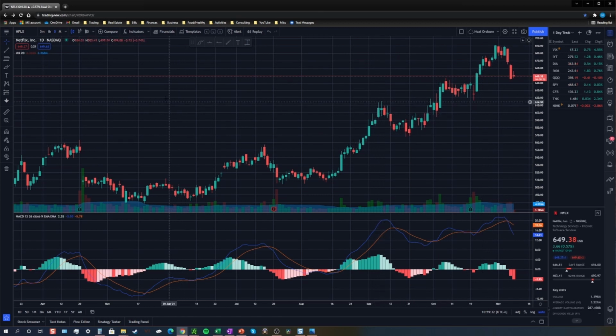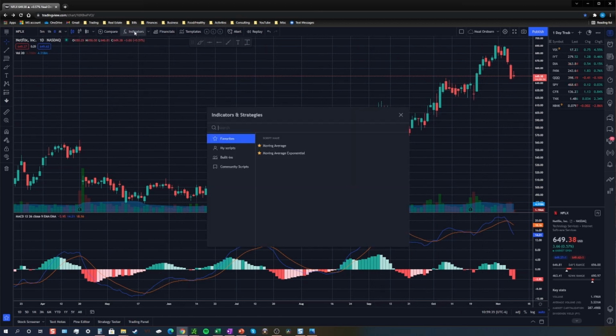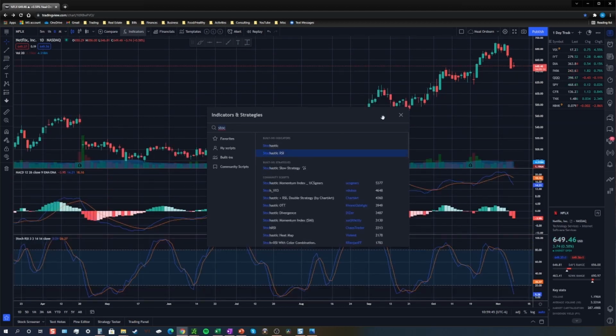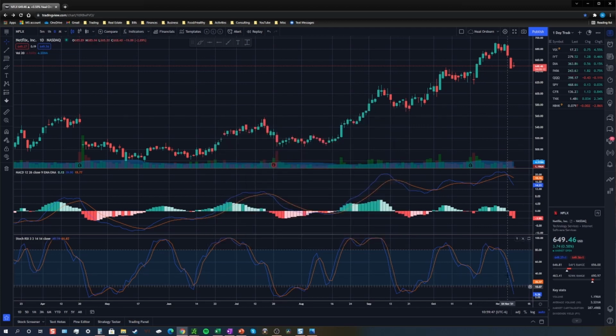So what I'm saying by saying that, now let's set in stochastics. It's also called RSI. And you can see the stochastics, that's the way you add in stochastics and MACD.